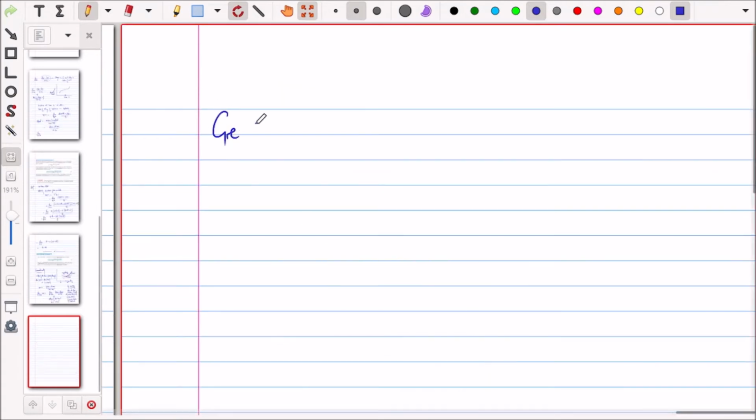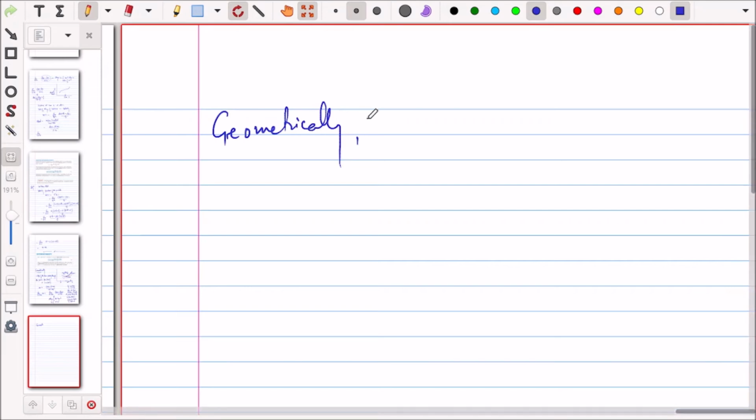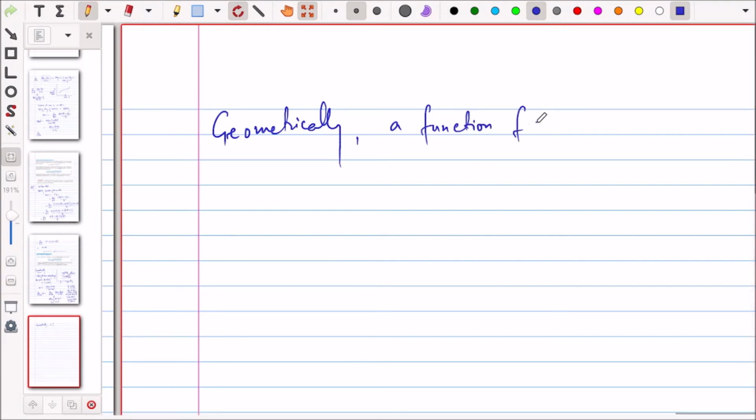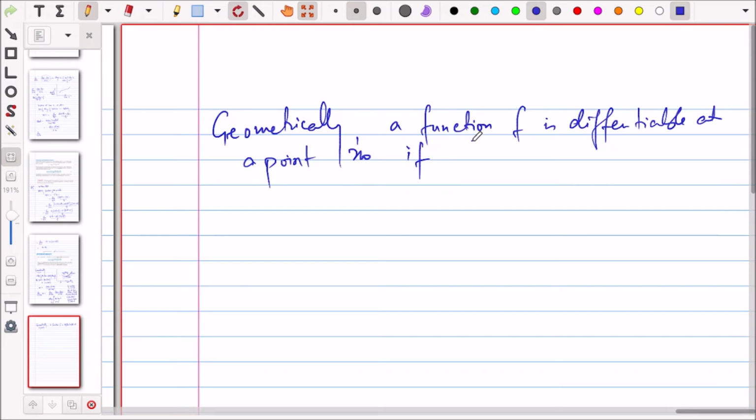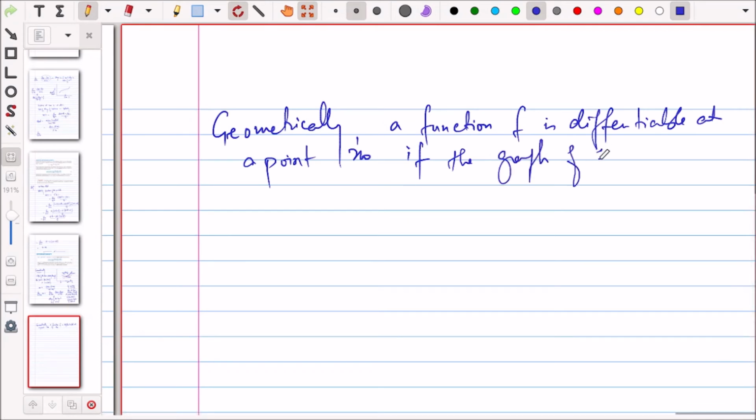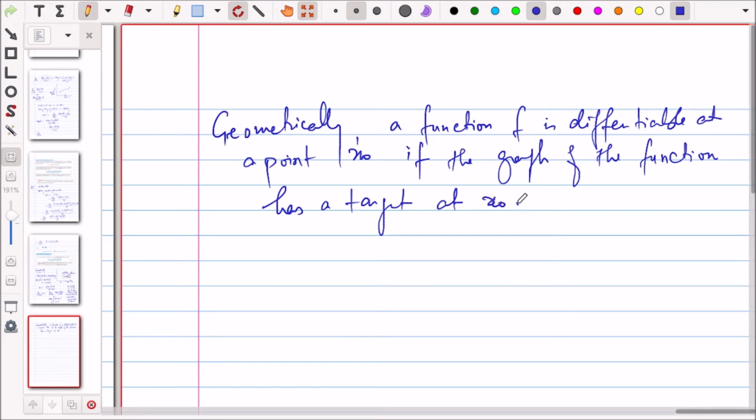So basically, geometrically, a function f is differentiable at a point x naught if the graph of the function has a tangent at x naught. ठीक है.